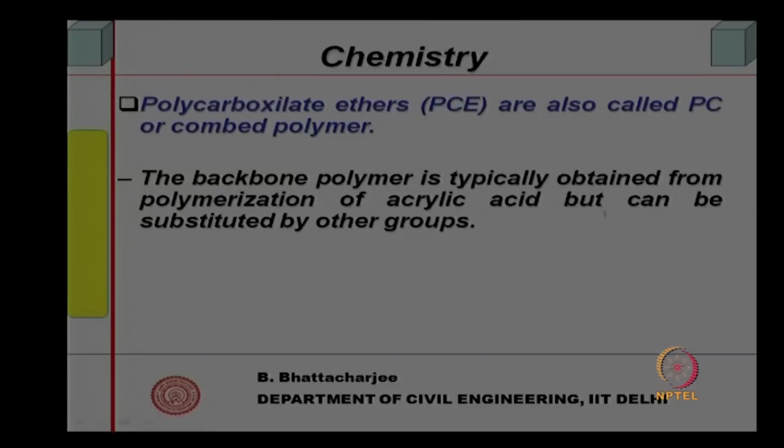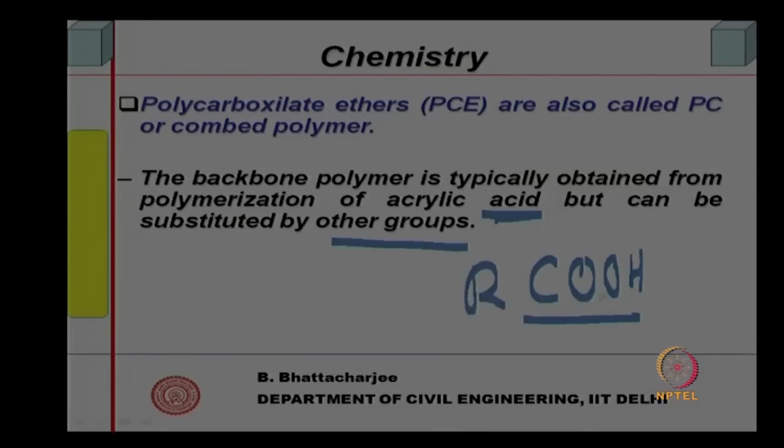The backbone polymer is typically obtained from polymerization of acrylic acid, but can be substituted by other groups. So essentially carboxylates are obtained from carboxylic acids, which have a structure like this.